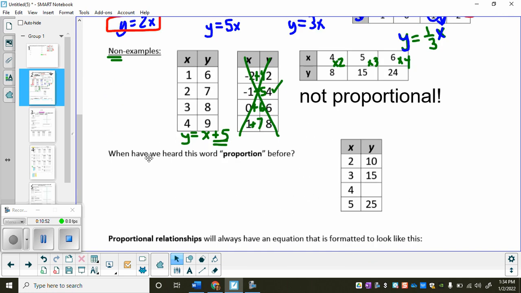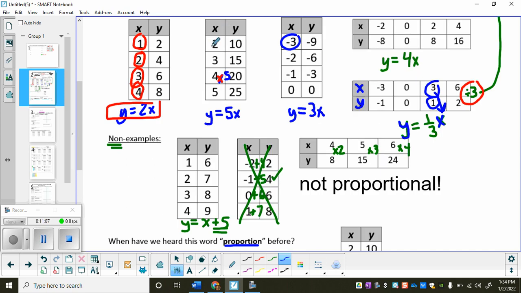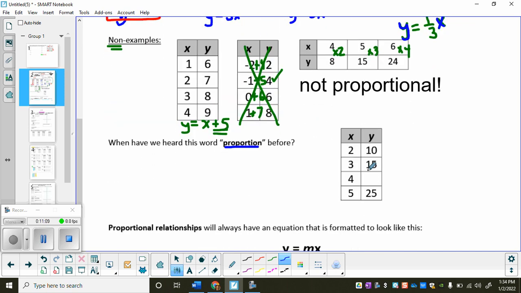All right, now I keep saying proportional, and where have we heard this word proportion before? Well, when you don't know something, if you're trying to find an unknown, you can set up a proportion. And right here in my table of values, it's the same one as up here. I'm using something on purpose because I know a lot of you know that this is a 20, and now I'm going to show you why this is a proportional table of values.